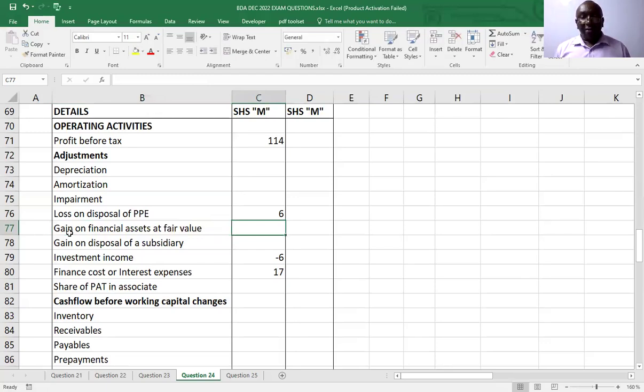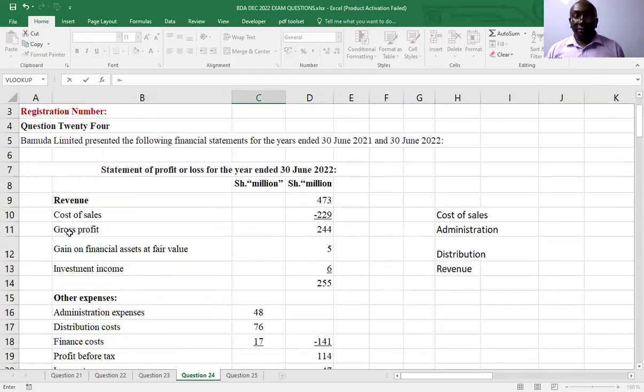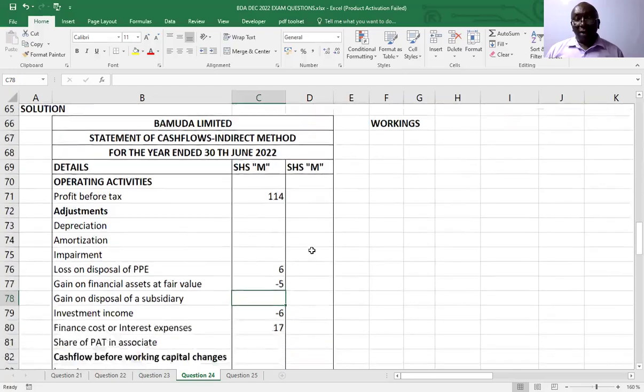At fair value. So we come and say equals. Now that was a gain. So we remove it, so it will come in as negative. This one. It will come in there as negative.